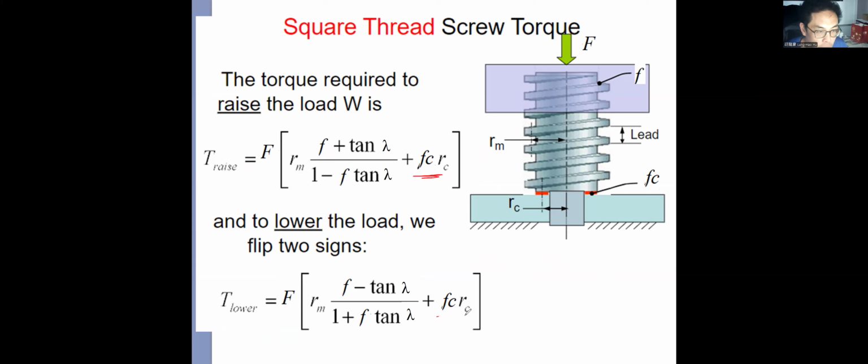So this is the torque required to raise the load W or F. So this TR is already integrated with the TC. And the same thing, this TL is integrated with TC.